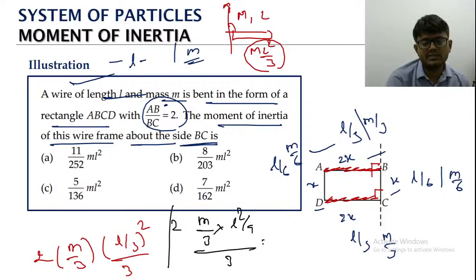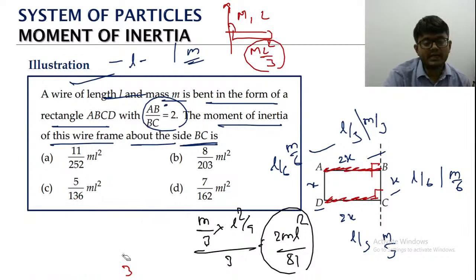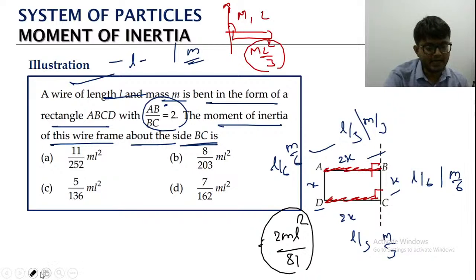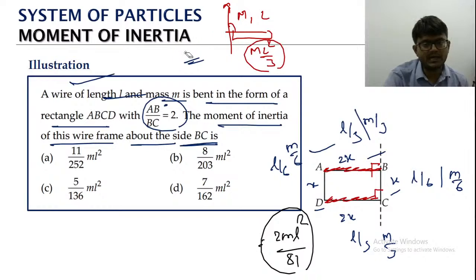Already there is a 3, so 2ml square by 3, 3 and 3 are out, 9 9s are 81. So 2ml square by 81. Let us keep it separate. This is the moment of inertia of both the AB part and DC part added.